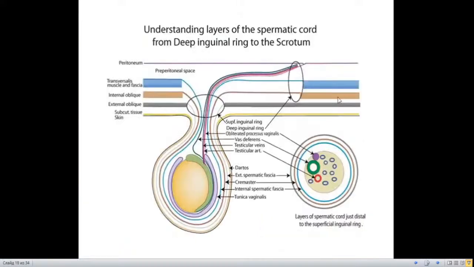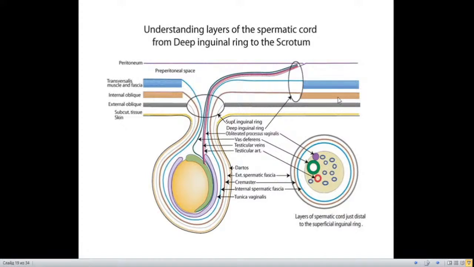Few words about external genital organs. We will not spend much time on the scrotum. I advise you to use this diagram when you prepare your home task for the practical class. This diagram shows derivatives of the scrotum, how its layers derive from the anterior abdominal wall.